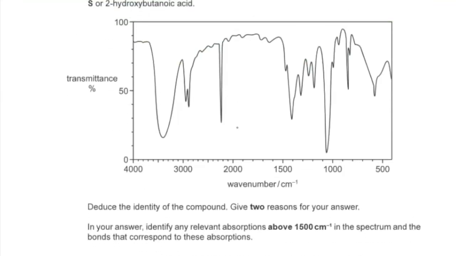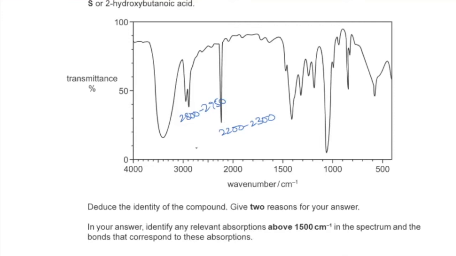Okay, so there is a weak peak at around 2200 to 2300 per centimeters. There is a peak at around 2800 to 2950 per centimeter, and there is a strong peak over here which is beyond 3000 per centimeter.